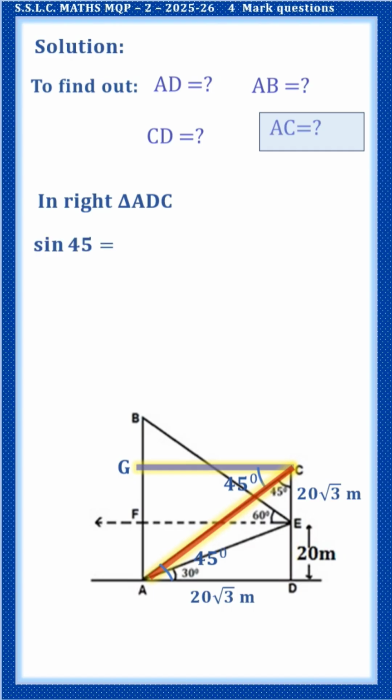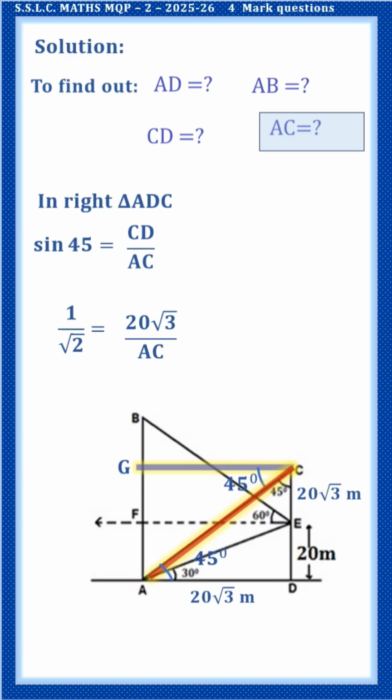sin 45, you know it, why it is 45, isn't it? Already know it. Sin 45 is equal to, we want the hypotenuse here, opposite by hypotenuse. Opposite we have already found, means CD, we know the value of CD, that is 20 root 3 meter. Sin 45 is 1 by root 2, CD is 20 root 3 by AC.